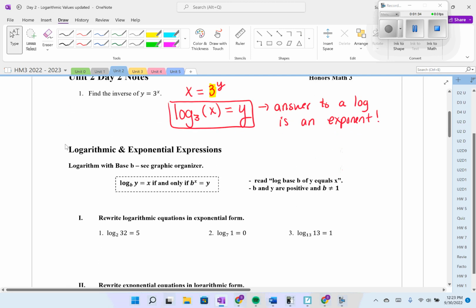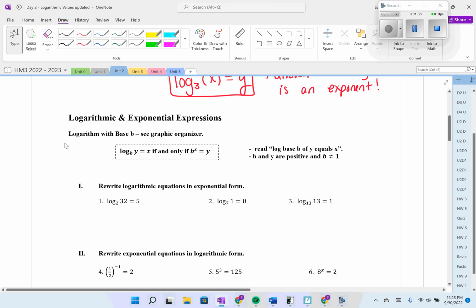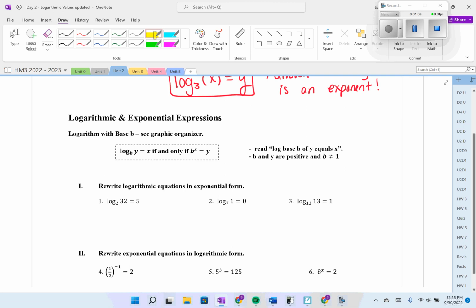So, logarithmic and exponential expressions. Logarithm with base b, and we're going to look at the graphic organizer in just a minute. If I have log base b of y is equal to x, that's if and only if b to the power of x equals y. That's going from logarithmic form to exponential form.